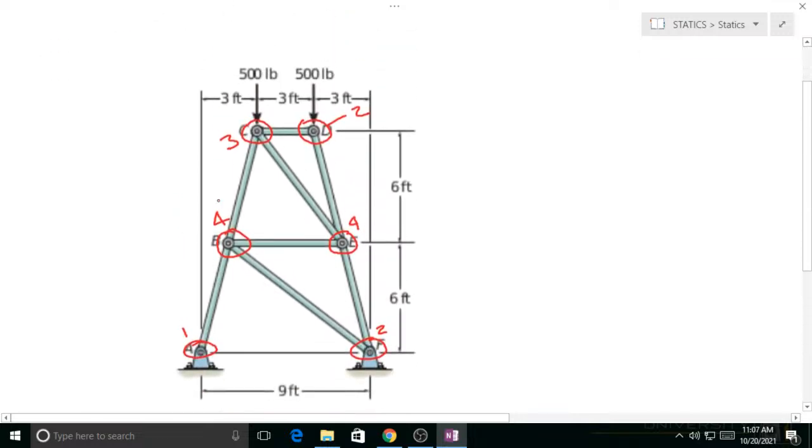So, now on the node, if you're doing nodes, let me make sure the stream is going. If you're doing nodes, you only have 2 equations to work with. Okay, so it seems like it's going.